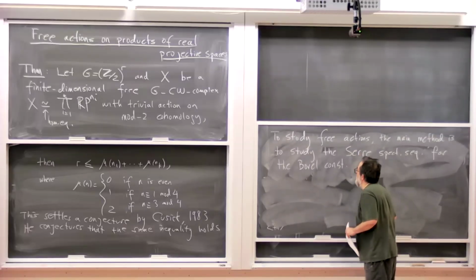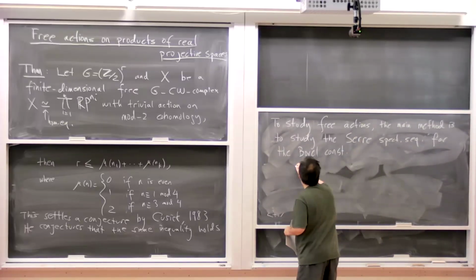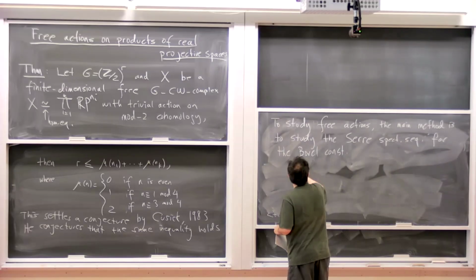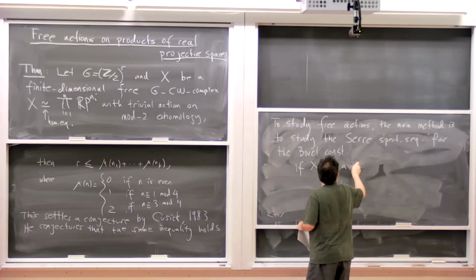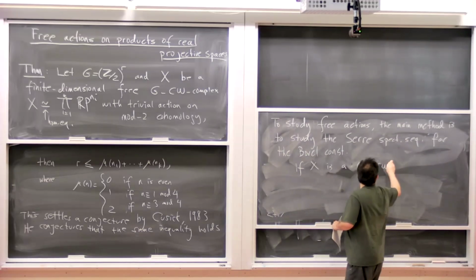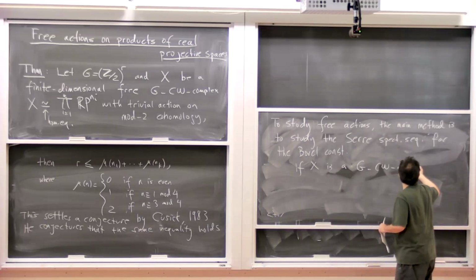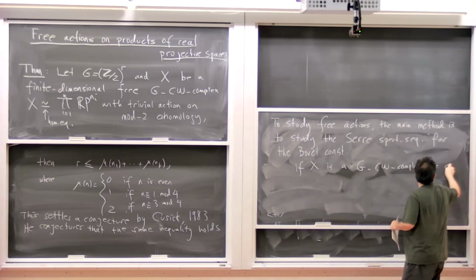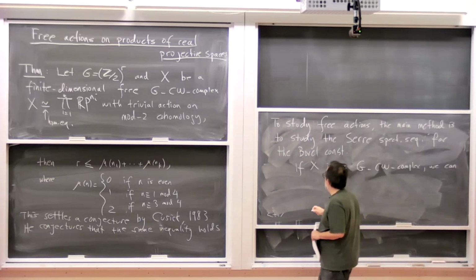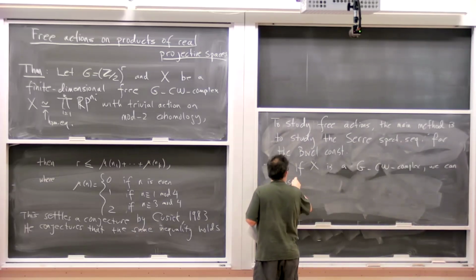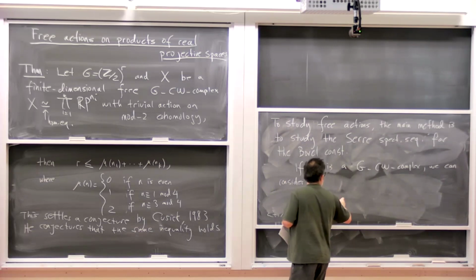So if X is a G-CW complex, you can consider this fibration.